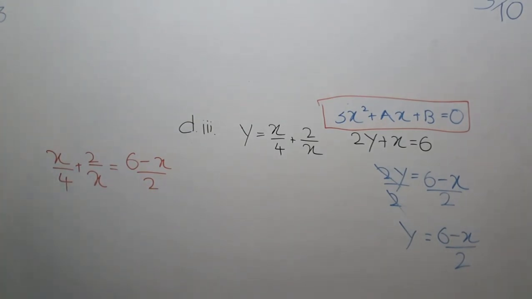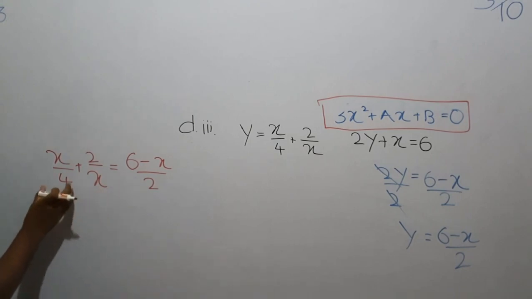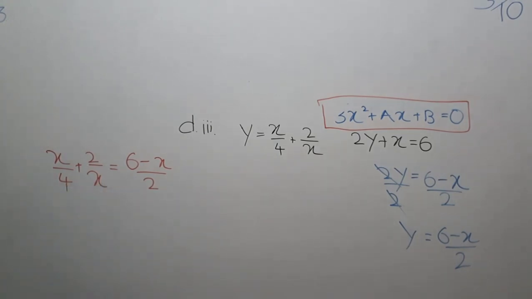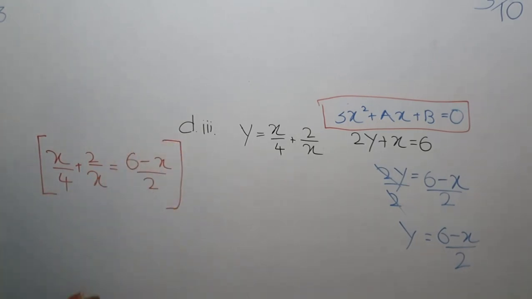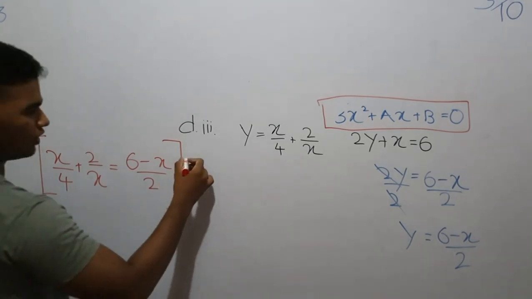Now we formed the equation with no y terms. To remove the denominators 4, x and 2, we'll multiply by the LCM of 4, x and 2. The LCM is 4x. So multiply the whole equation by 4x.